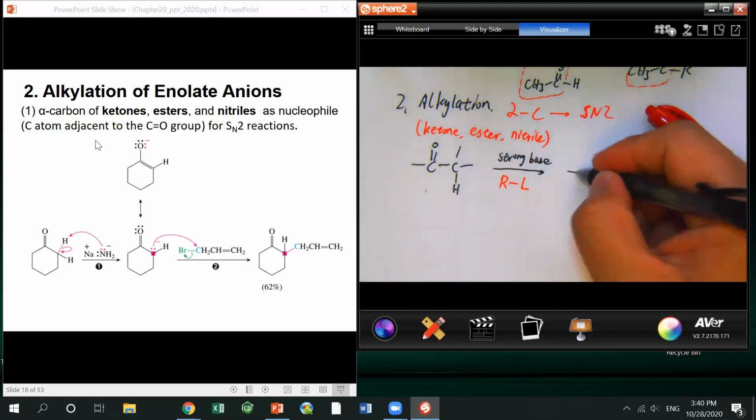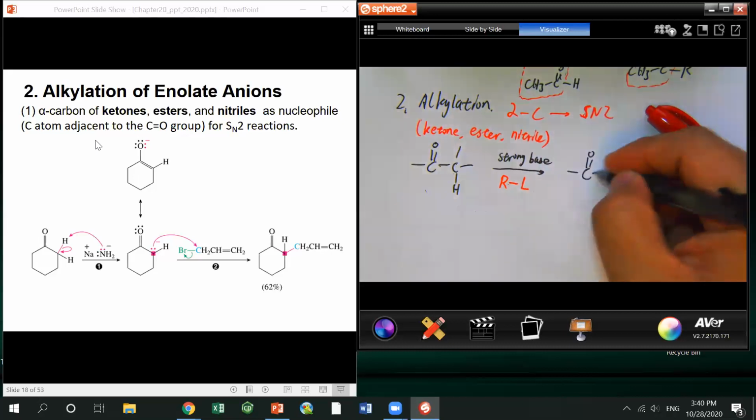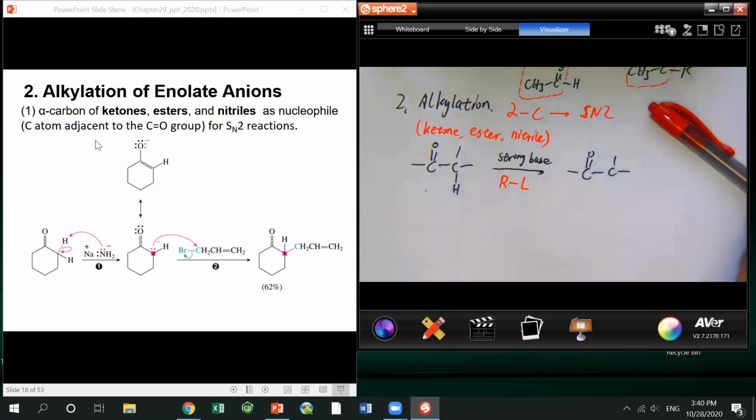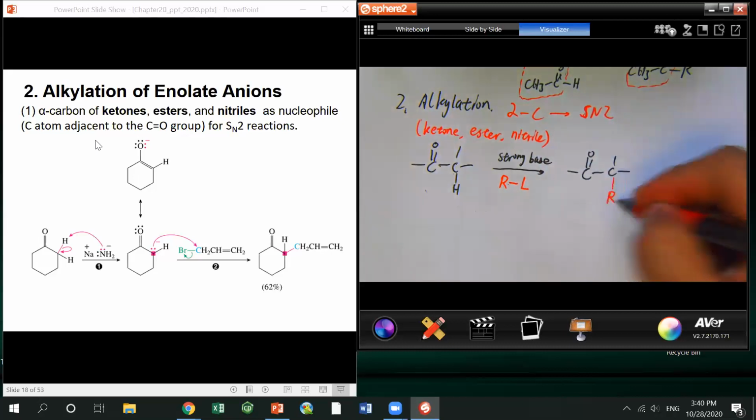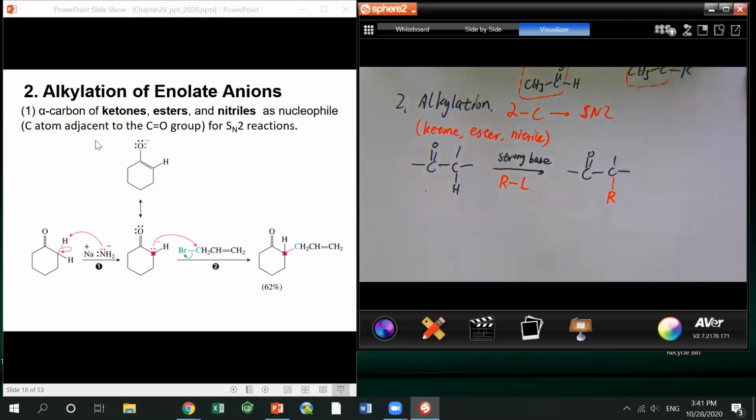So pretty much it's an SN2 reaction, pretty easy. If you like to draw it, it's fine. If you don't like to draw it, it doesn't matter.